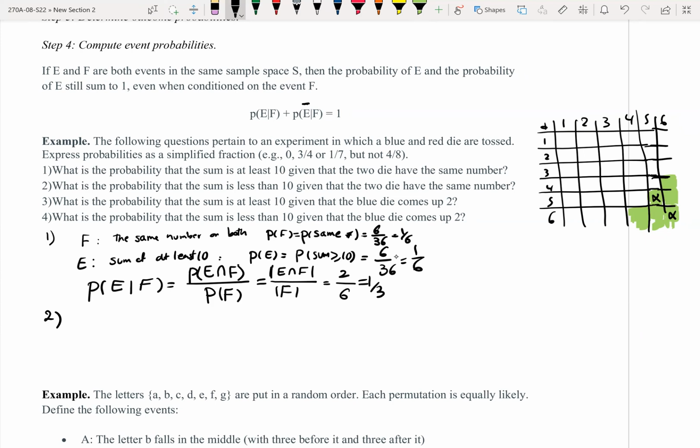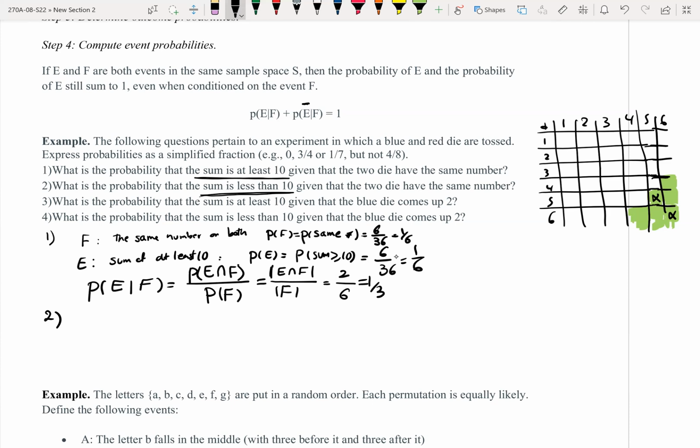What is the probability that the sum is less than 10, given that the two dice have the same number? These two are complementary, so they are complements of each other. If you have at least 10, the complement is less than 10.